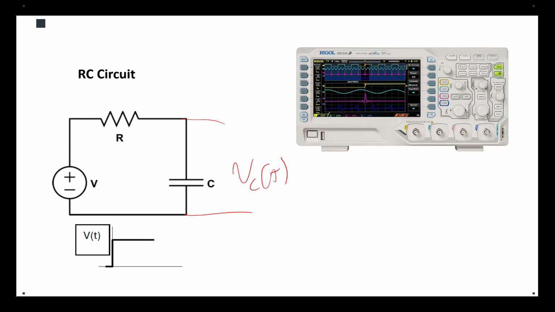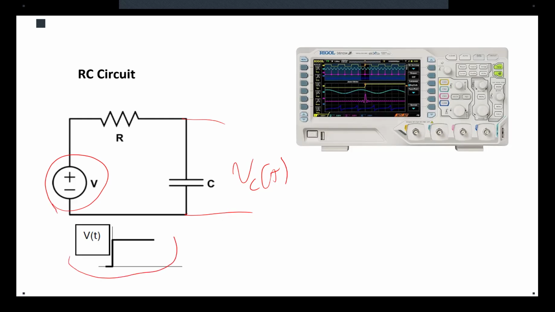So in the lab, we use the signal generator to have a step function. You don't have a step function in a signal generator, but the closest thing that you have is a square wave. So we are going to use a square wave with a high duty ratio, so the on time is much larger than the off time.